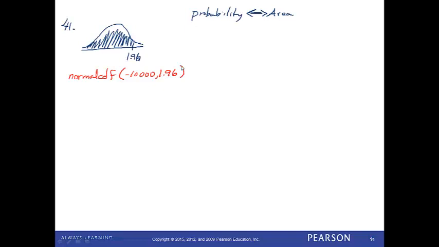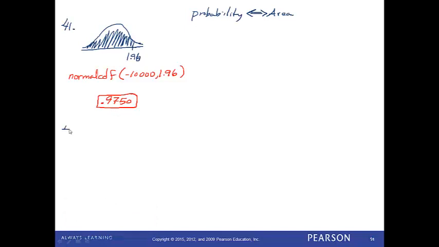Go to the normal CDF command in our calculators through the second VARS. Type in the lower and type in the upper, and you should get 0.9750. And that's the same as the probability or the area. They all mean the same thing.